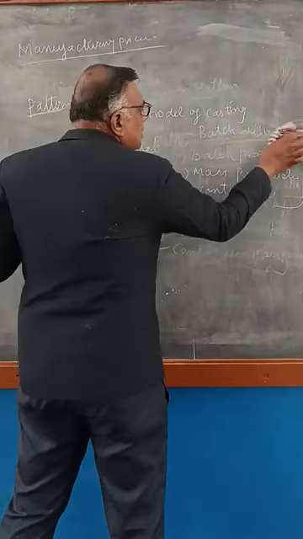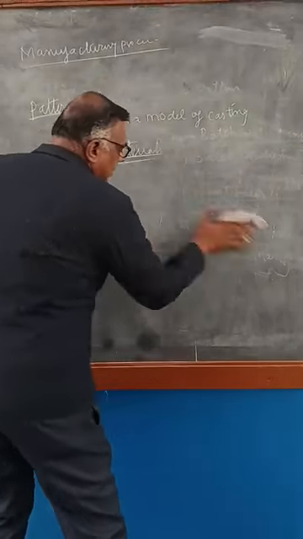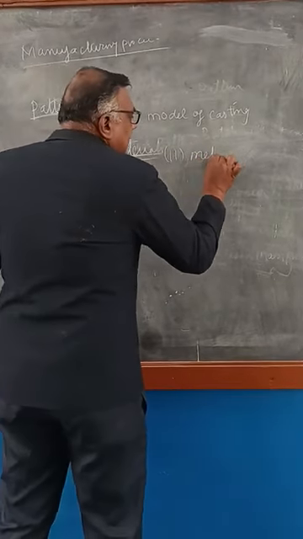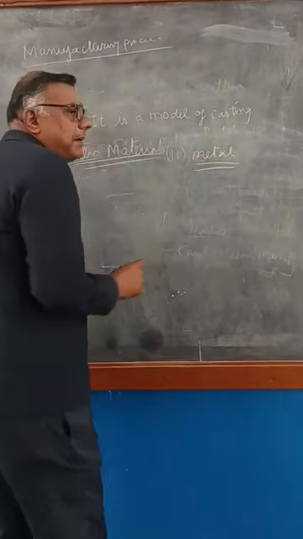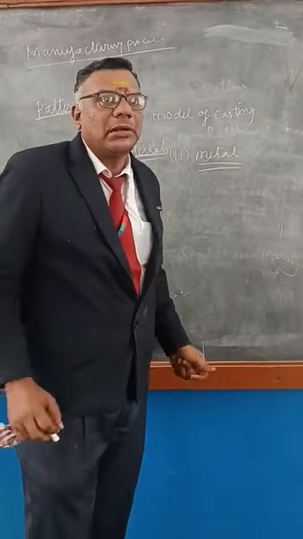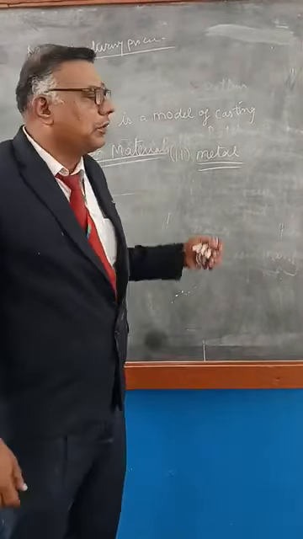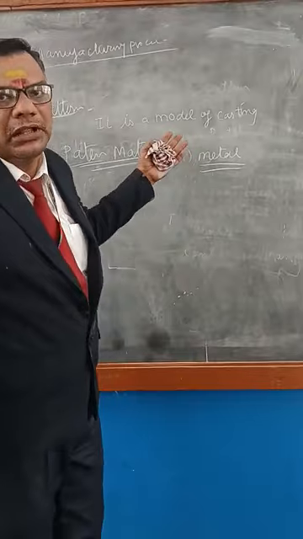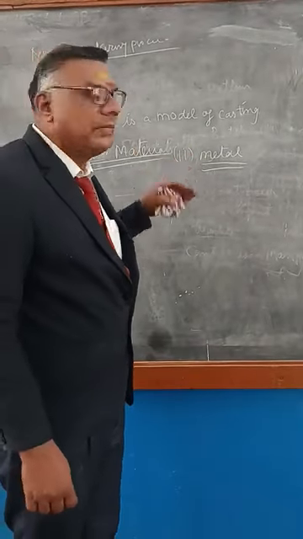So the first one is wood, and the second one is the metal pattern. While using wooden material, to overcome the problems which are in wood, we go for a metal pattern.